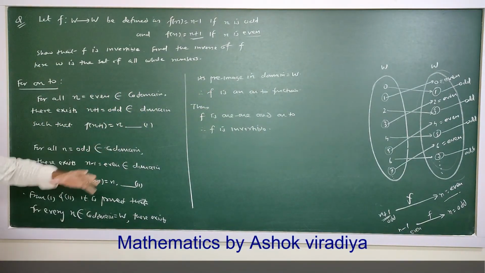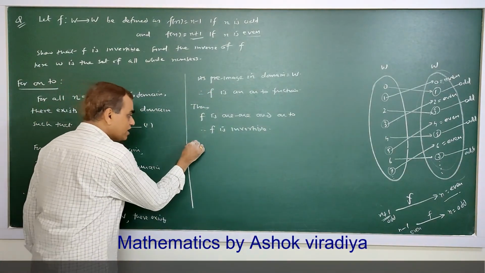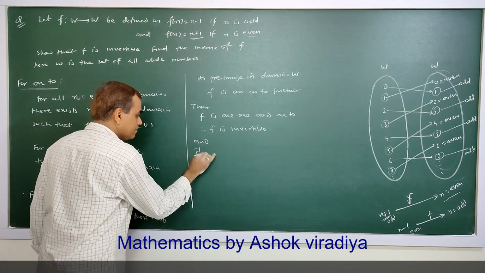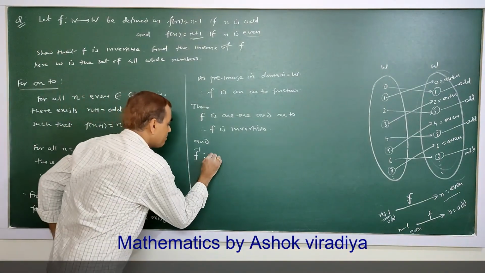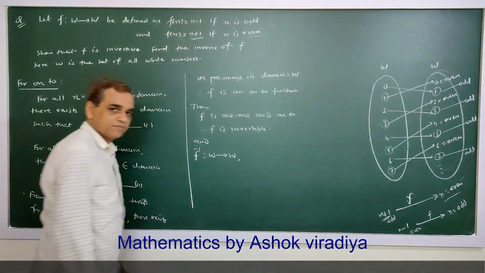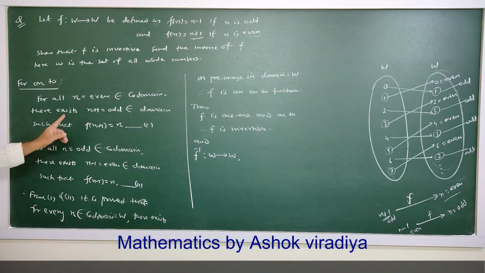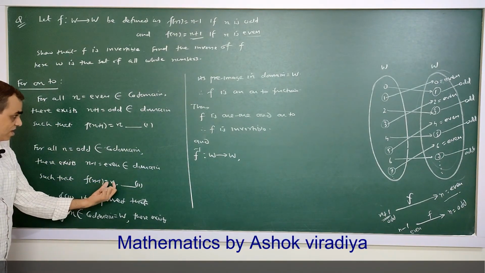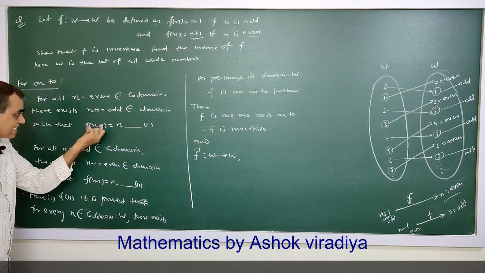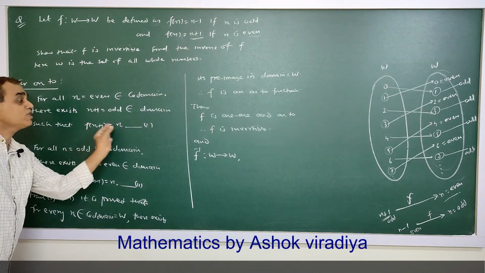Now we write the formula for the inverse. f was from W to W, so f inverse will be from W to W. From the statement y equals f of x, x is f inverse of y.